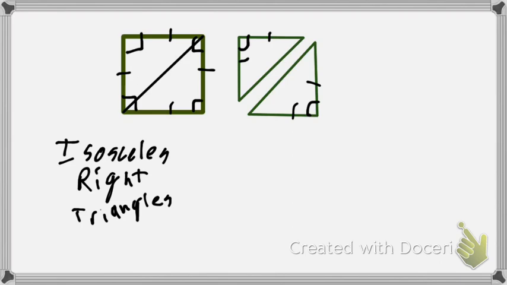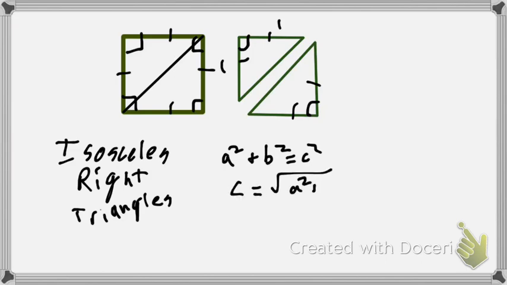Okay, so isosceles right triangles. Let's pretend that this square had sides of 1. Okay? So we know that a squared plus b squared equals c squared. We talked about finding the hypotenuse as being c equals the square root of a squared plus b squared.